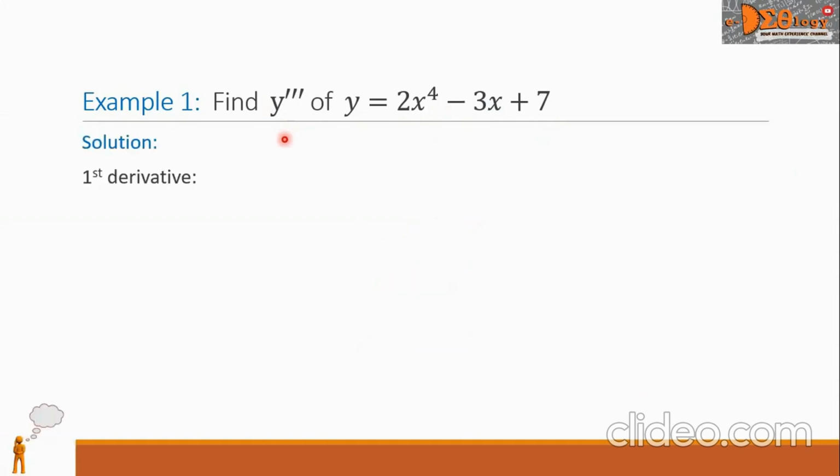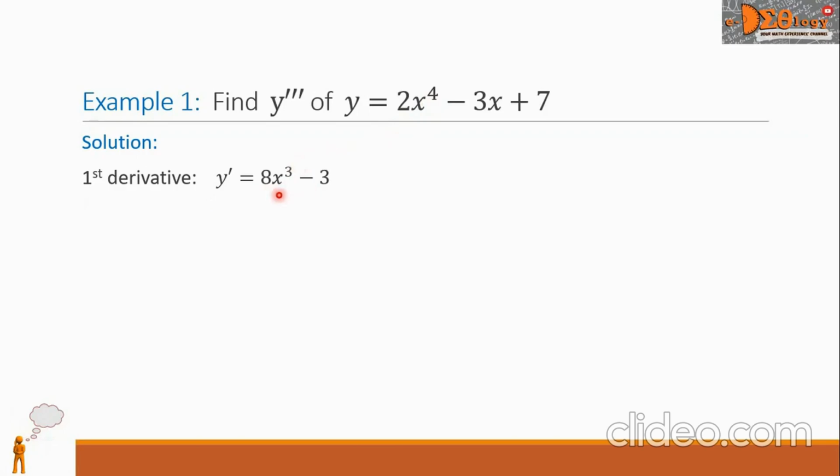For our solution, let us begin with the first derivative. So y prime equals this 4 multiplied by 2 becomes 8 multiplied by x with the power 4 minus 1. So we see here power 3.